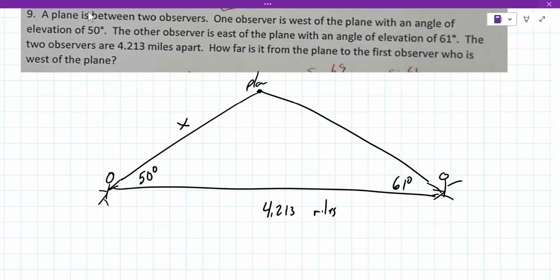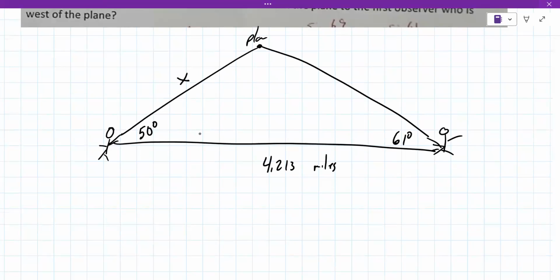And you're not sure what I mean by that. Every problem we've done has been a right triangle. Certain things apply. This is a non-right triangle, so there are only a few things that apply, namely law of sines, law of cosines.